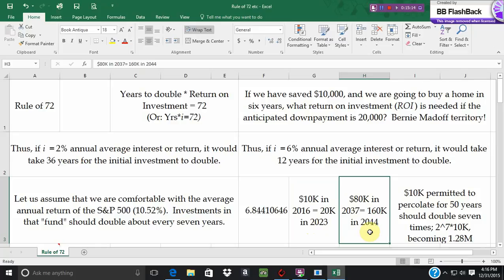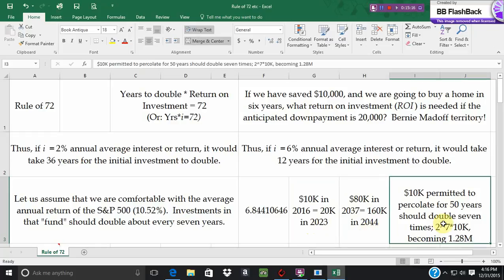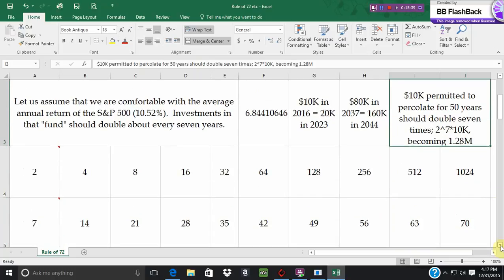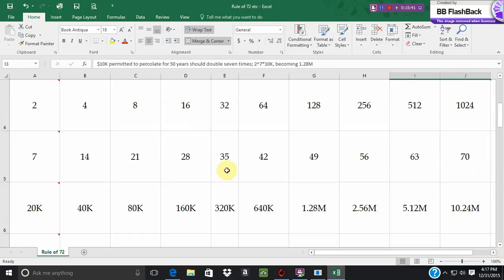The real power we get to is that if we can let this percolate, that money just sit there and do its own stuff, in 50 years, we would have $1.28 million starting from 10,000. And I wish I could run my video too, because all you have to do is nothing. Just leave the money in an S&P 500 fund.